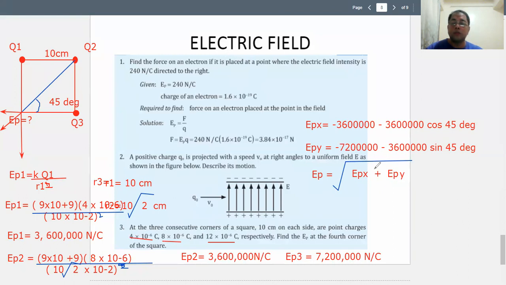So just solve it. Then that gives you the magnitude of your electric field intensity. So that's how complicated it is if we deal with three different charges. However, if we are only dealing with a particular charge and a point, then we simply use the basic equation that we know.